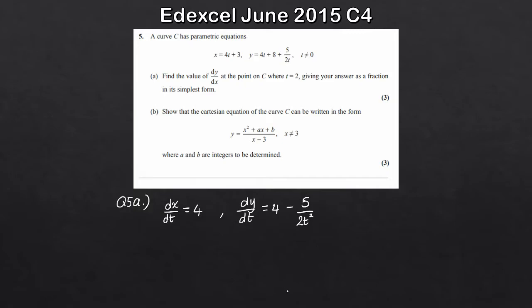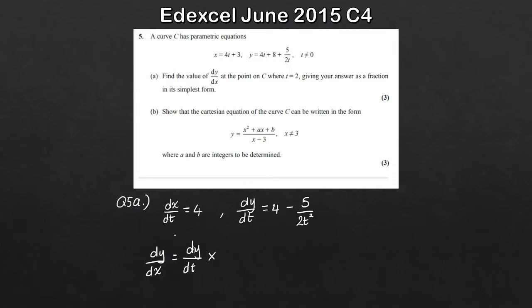So now we've got dx by dt, we've got dy by dt. We need dy by dx, though. So how do we get dy by dx using these? Well, you just have to do a little bit of manipulation. If you want dy by dx, we need the dy on top, so dy by dx is simply dy by dt times dt over dx.